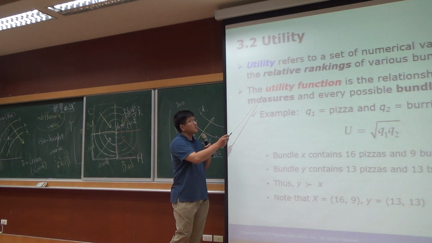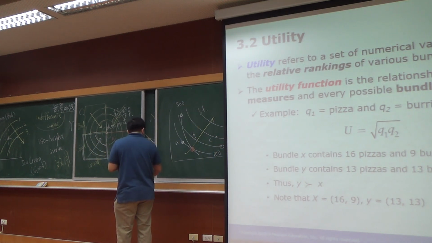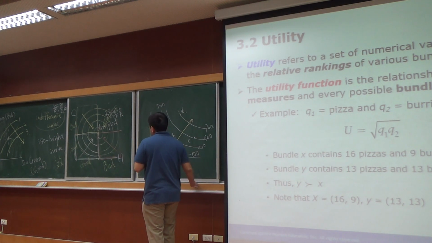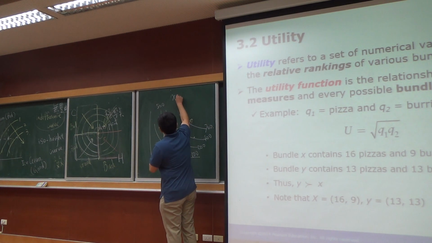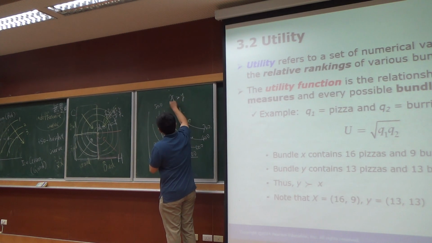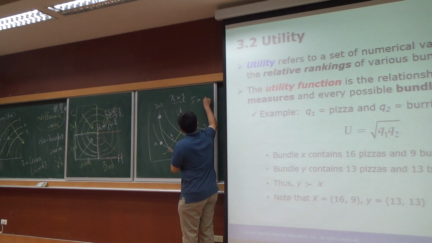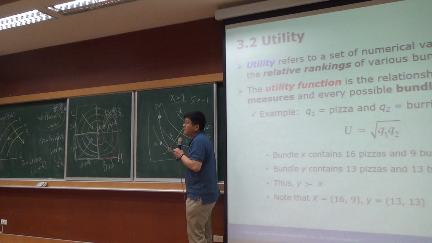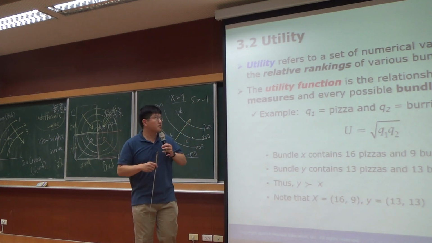And since utilities are values, we may compare values with something we are more familiar with, like x is greater than y. For example, 5 is greater than -1. So for real numbers, it's better for us.